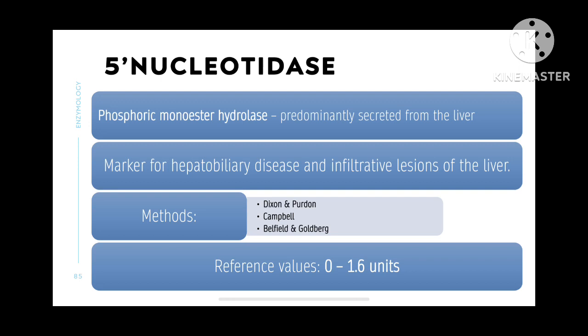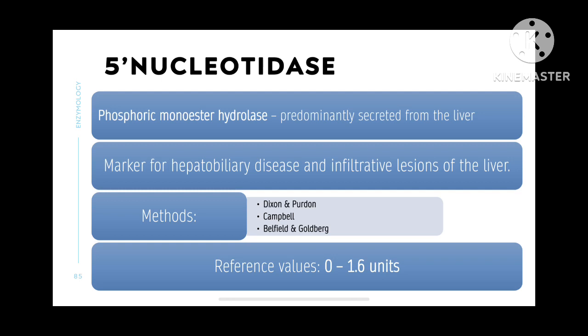Nucleotidase also plays a catalytic role in the hydrolysis process, and it converts a number of different nucleotide molecules. 5-nucleotidase is also a marker for hepatobiliary diseases and infiltrative lesions of the liver. It is also specific for cholestasis or damage to the intra or extrahepatic biliary system.